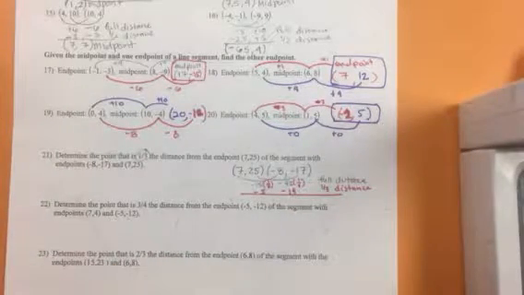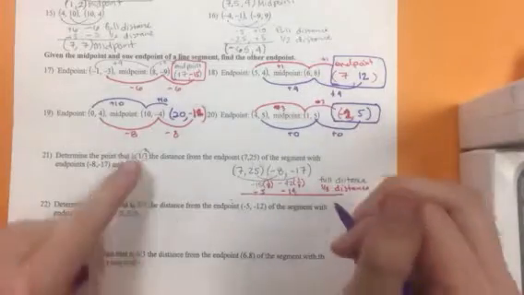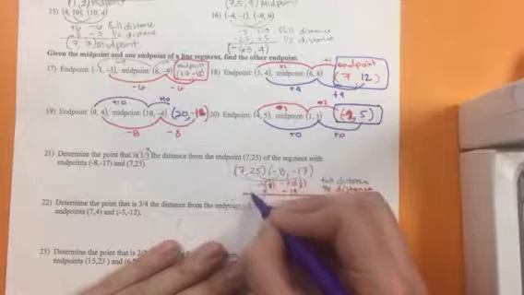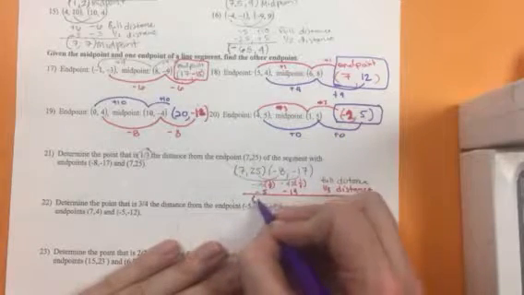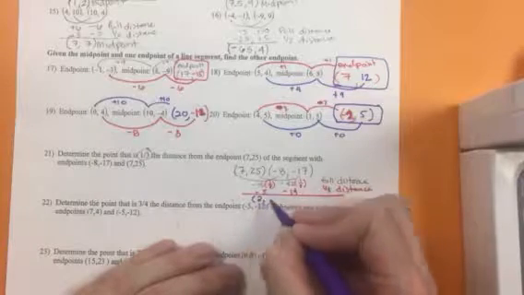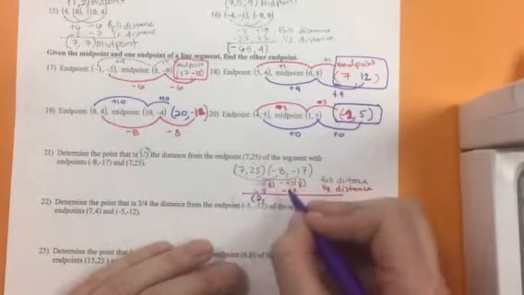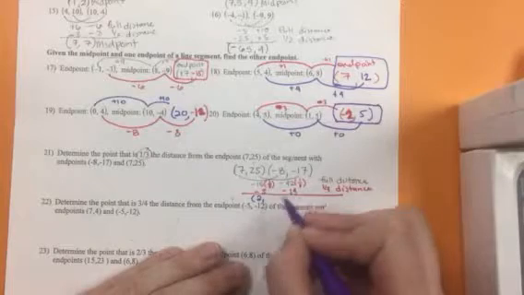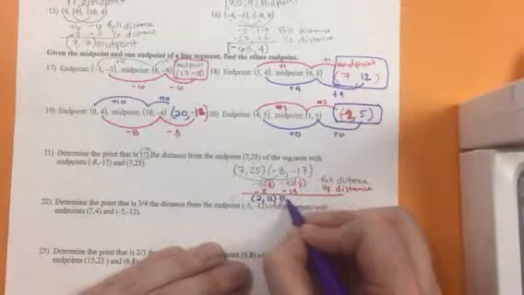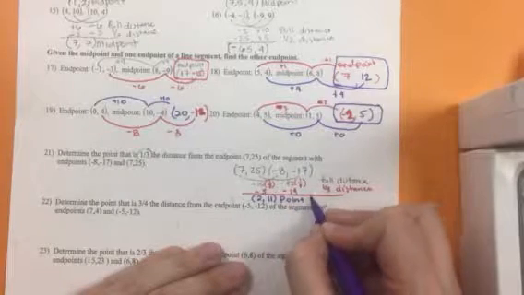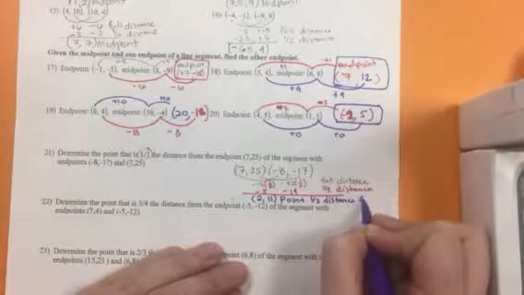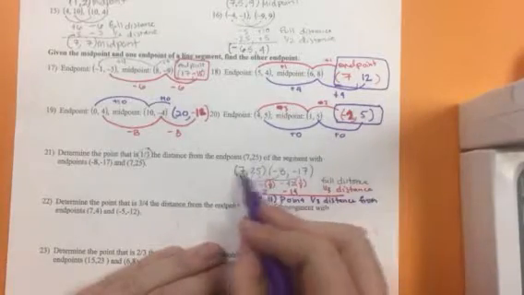Now, when I find my 1/3 the distance, that new point, I do 7 minus 5, which gives us 2, and then 25 minus 14, which is 11. This is our point. That is 1/3 distance from our starting point.